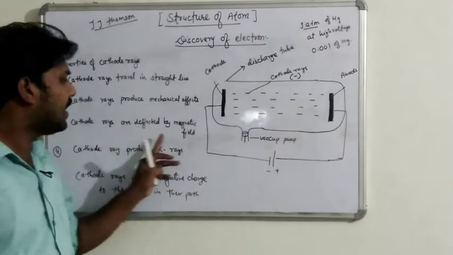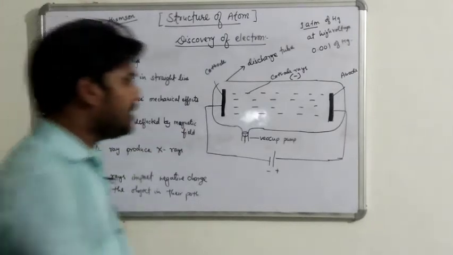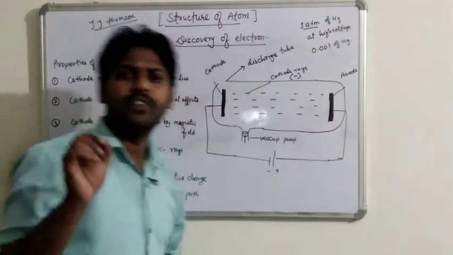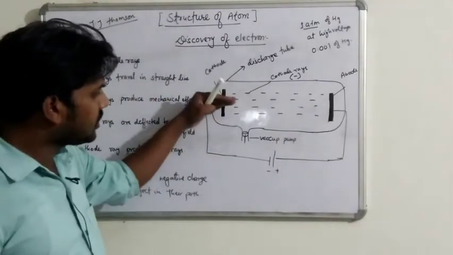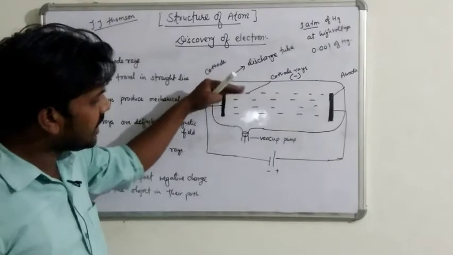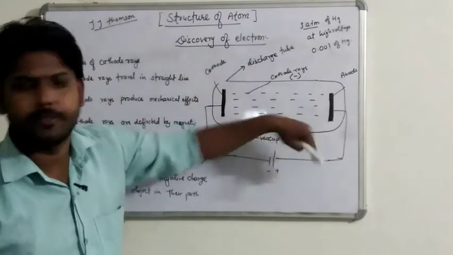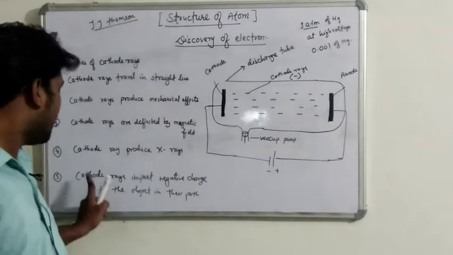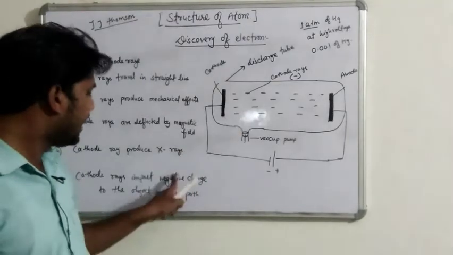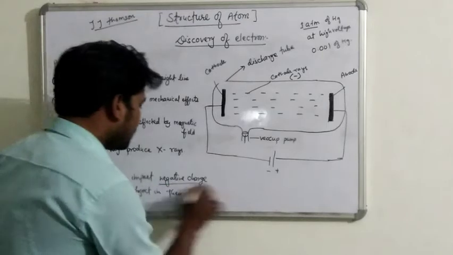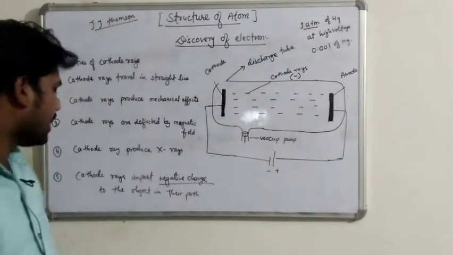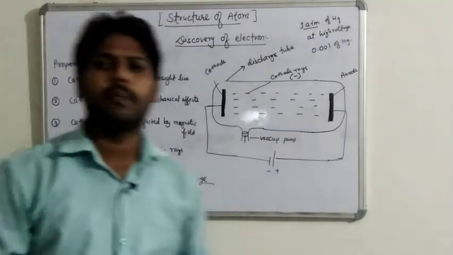Cathode rays are deflected by magnetic field. Means if we keep a magnet, after a while we will observe that cathode rays are deflected towards the magnet. Cathode rays produce X-rays. Students, cathode rays impart negative charge to the object in their path.